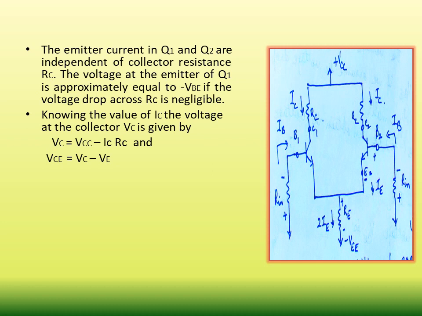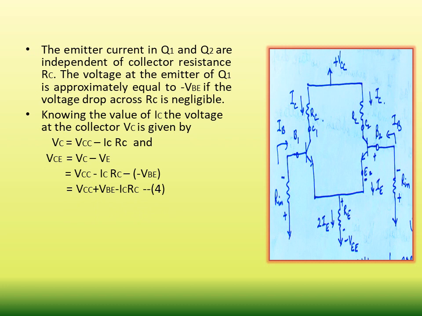Also, what is VCE? VCE is the collector to emitter voltage, and it is equal to VC minus VE. But VC is as defined above and VE is also defined above. Putting both values, we obtain equation 4.